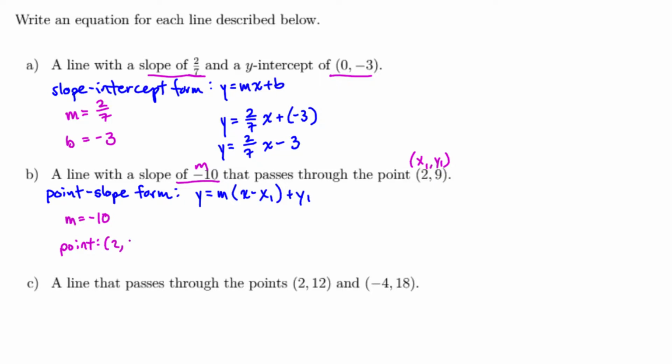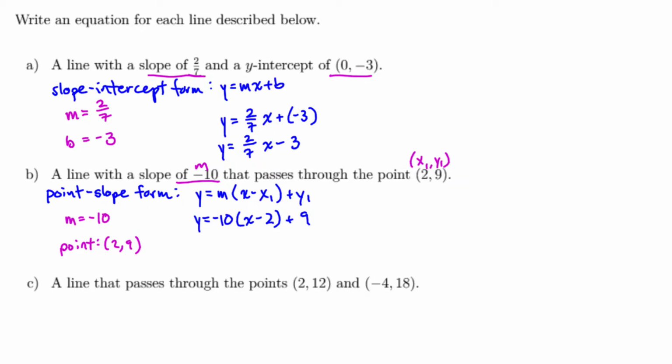So when we write that, we will have y = -10(x - 2), and then we will add 9. This is an equation that represents that line. In general, we simplify it to slope-intercept form, so everything has been expanded, distributed, and combined.